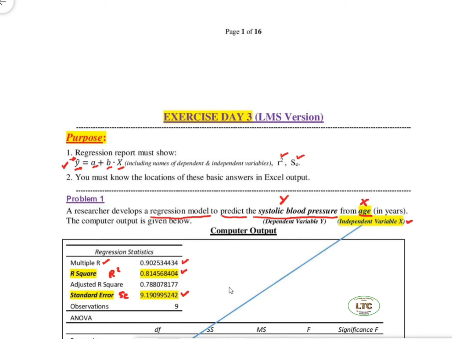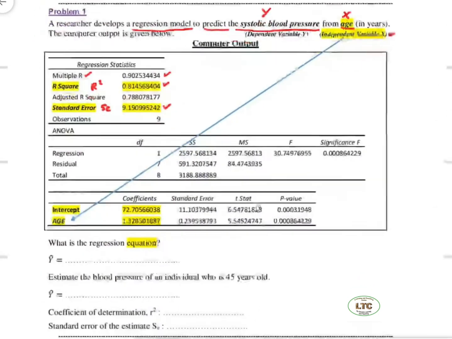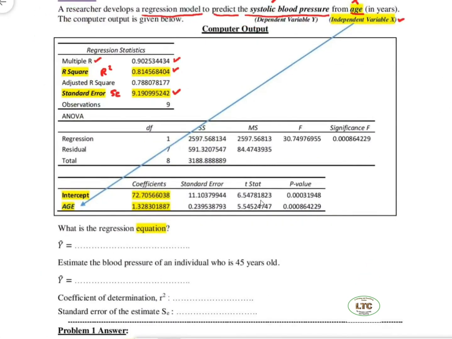You read the values of A and B in the last 2-row table here. Y-intercept A, this is 72 by this value. Age, this is x. Here, independent variable shown by this arrow, right? So B is here, 1.328 something.